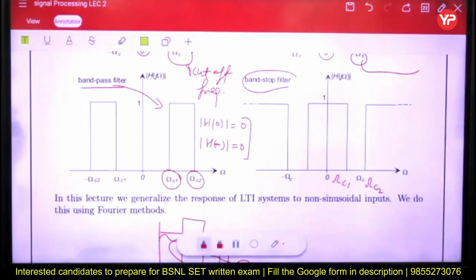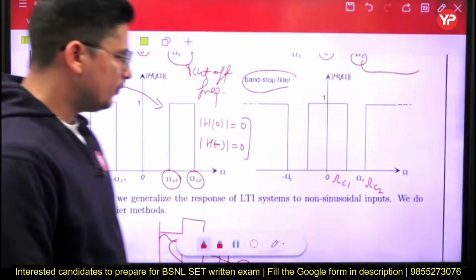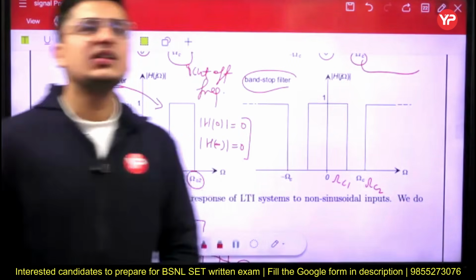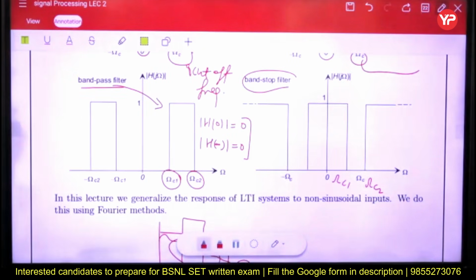That's why it is named a band stop filter. It will stop a particular band of frequencies, right? So that is all about filtering. There are four types of filters, and generally these filters are LTI systems. These are LTI systems.